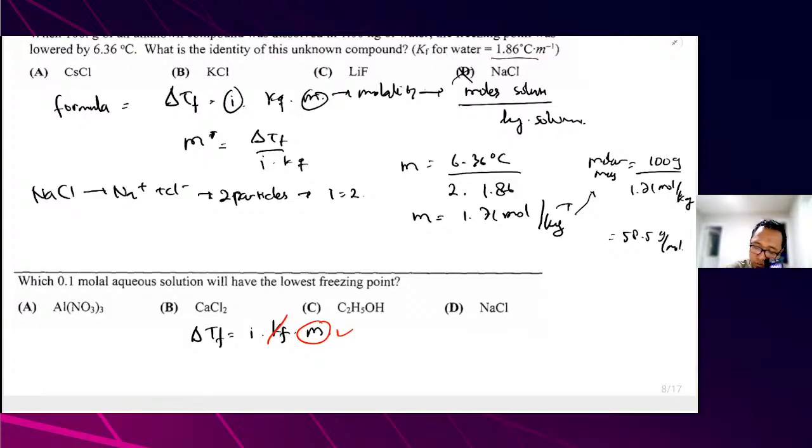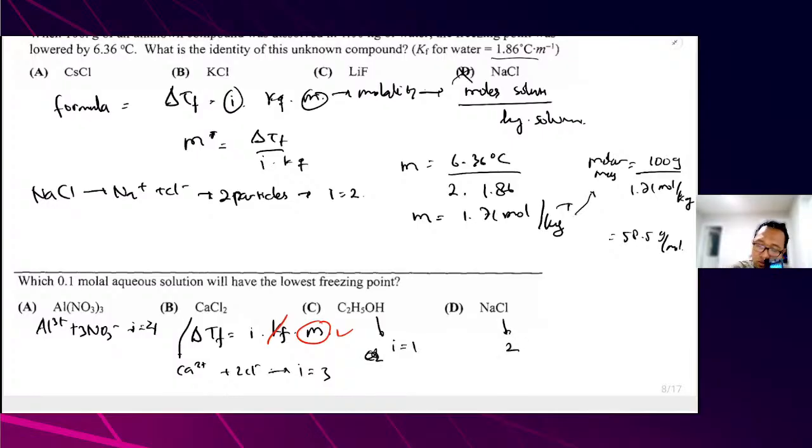Let's take a look at A. For A, it will be Al3 plus and 3 NO3 minus, so i is 4. How about this one? Ca2 plus and 2 Cl minus, so i will be 3. This one will be 2, because it is an electrolyte. This one is a non-electrolyte, so i will be just 1, and this one is 2.